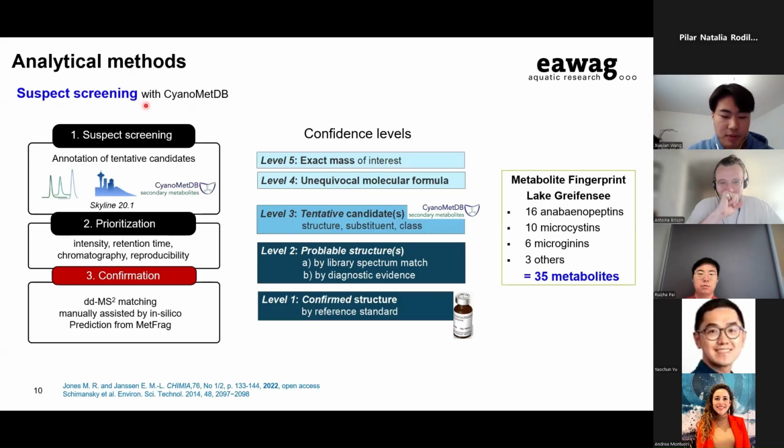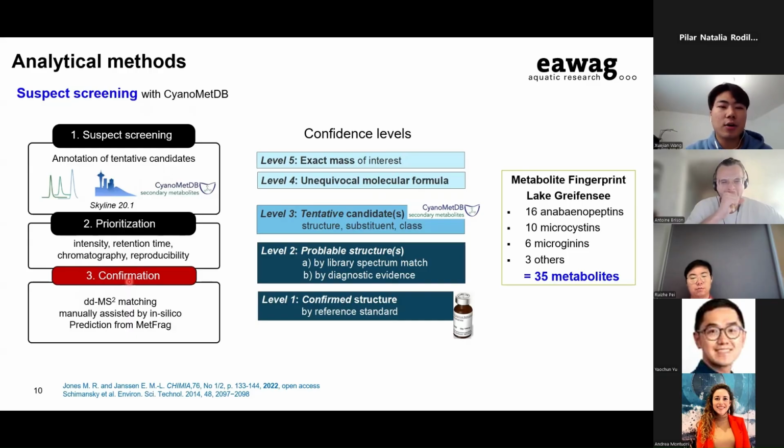To simply put, I picked out some possible metabolites from CyanoDB based on different parameters of the LC-MS data. Then I prioritized some metabolites based on their intensities, or we can say more or less the abundance of these metabolites. Afterwards, I did manual annotation with the MS2 spectra to confirm their structure.